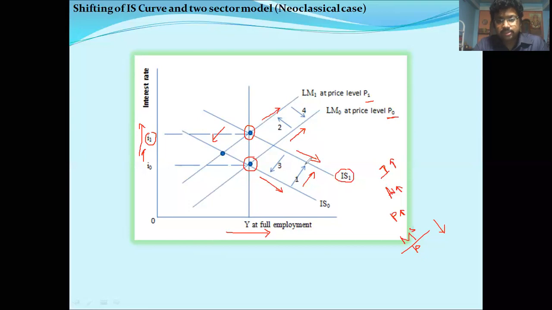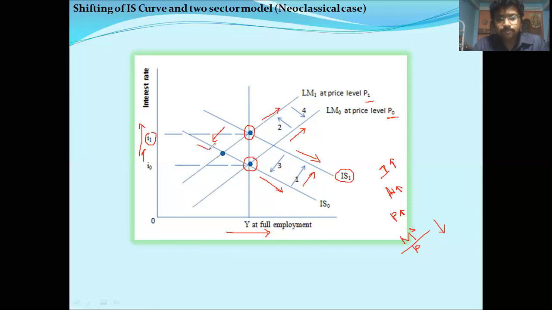Suppose now this is the IS curve, and it will shift towards the origin because the interest rate is high. So now the new IS curve will be IS0.